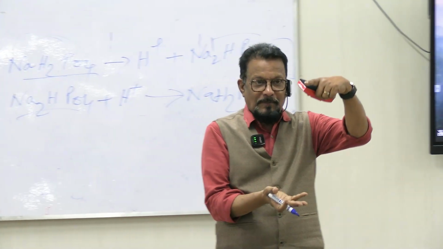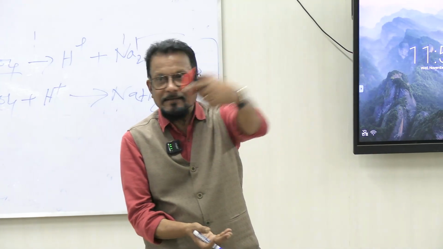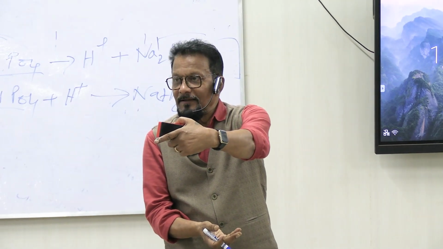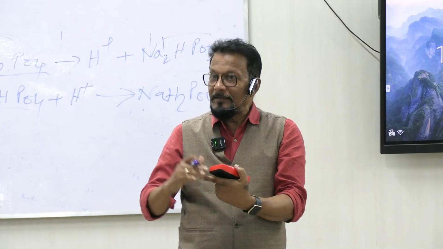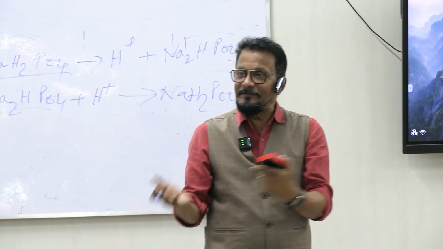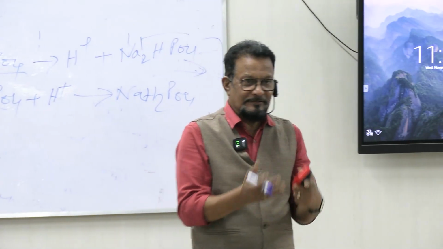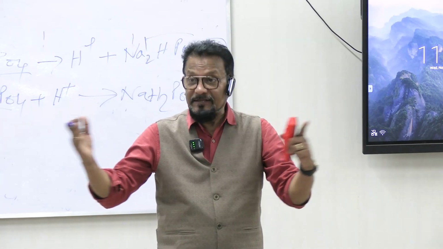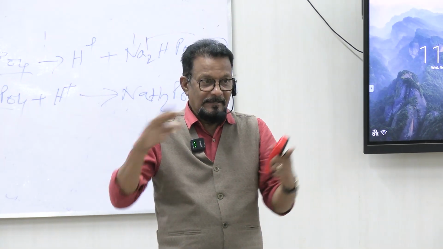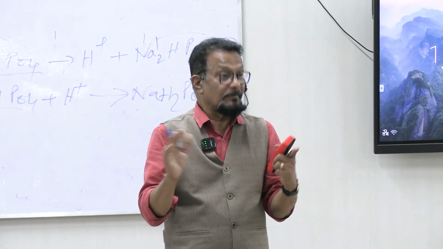So one buffer can yield hydrogen ion when necessary, and the other component can accept hydrogen ion when there is need. In this way, they can control the pH if the alteration is within a narrow range.